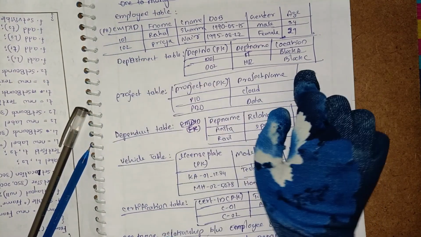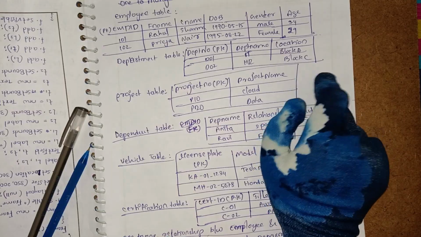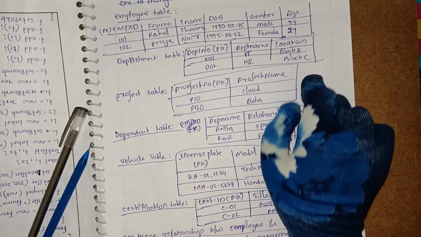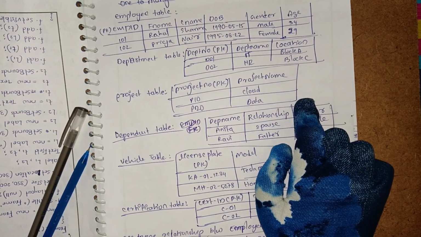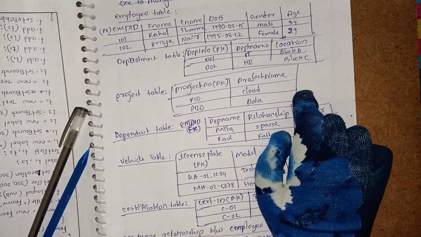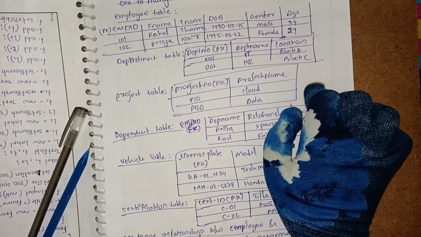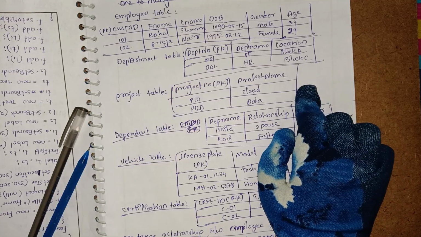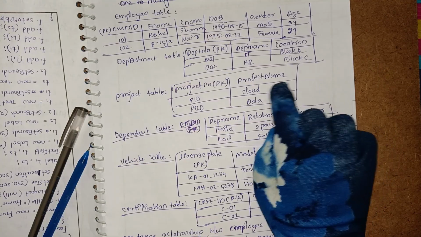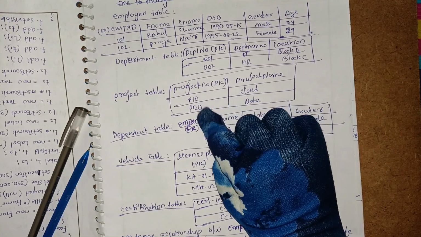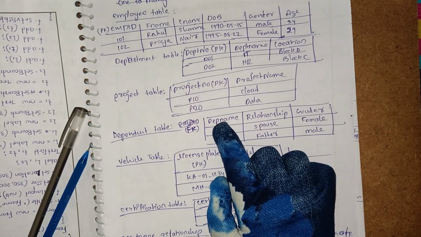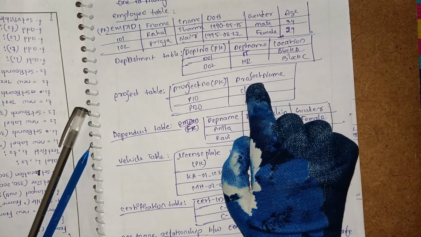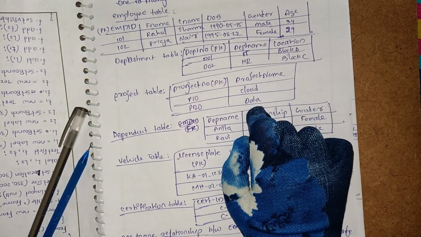Like if the employee table is placed as a foreign key in the project table, then these foreign key values can be repeated, means each employee ID is assigned to multiple projects, and for that the project name value should be repeated.